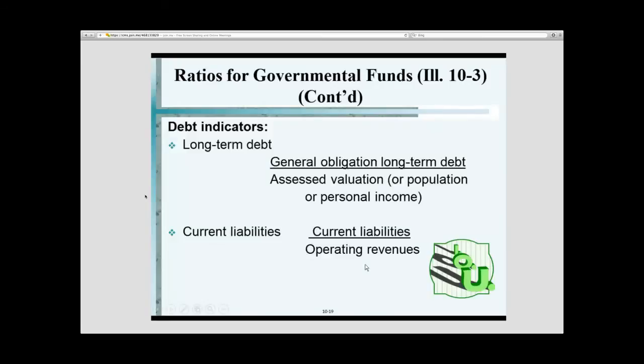Current liabilities divided by operating revenue. Interesting. This requires you to think about this. Current liabilities, do you want them large or small? Small, right? So the question is, what should they be?